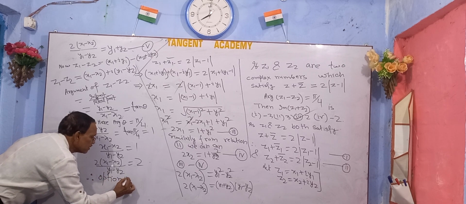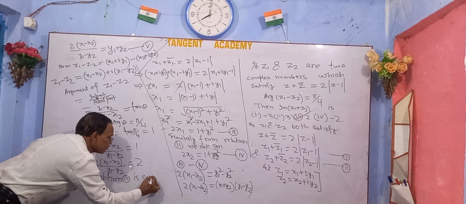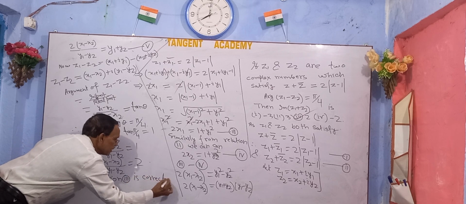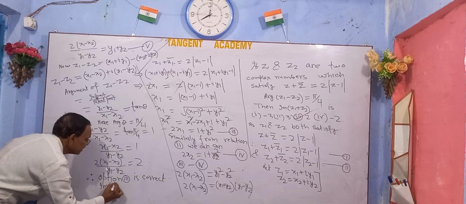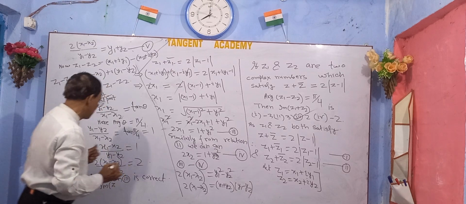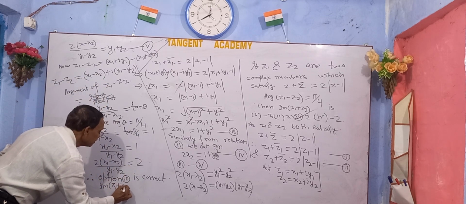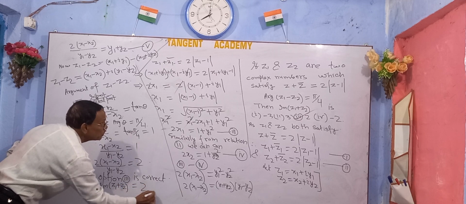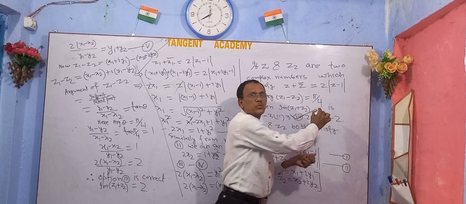The imaginary part of z1 plus z2 is equal to 2, so this option is true.